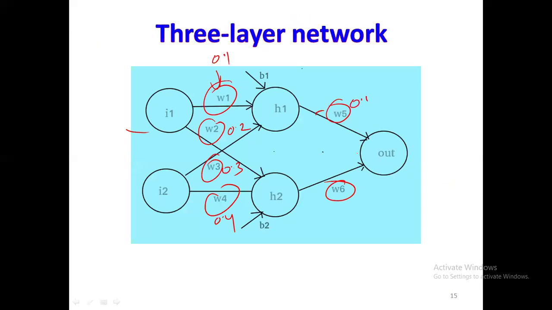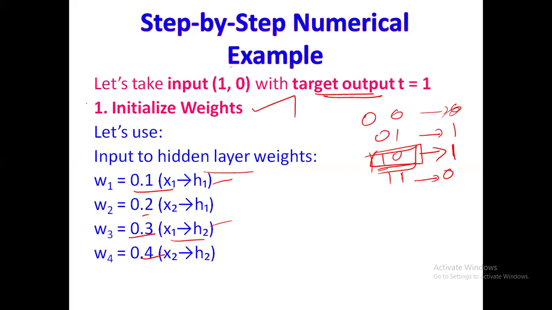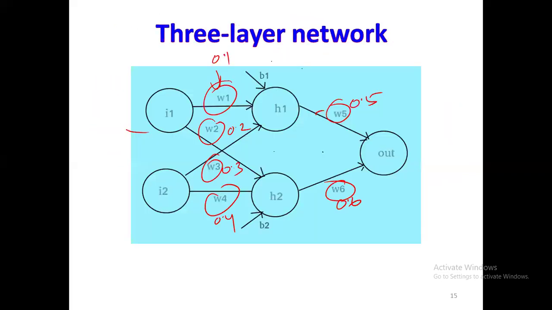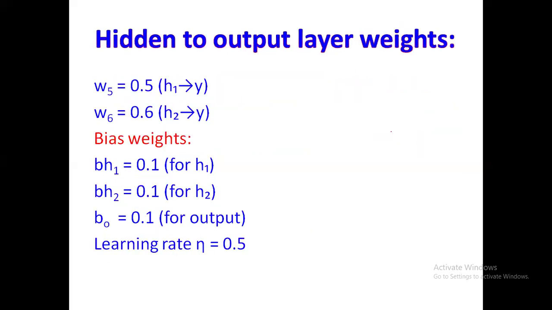For easy understanding, we are going to assign any values. The bias values bh1 and bh2 are 0.1, and the output bias b0 is also 0.1. The learning rate we are going to assume, eta, is equal to 0.5.